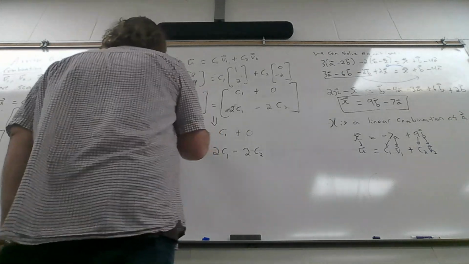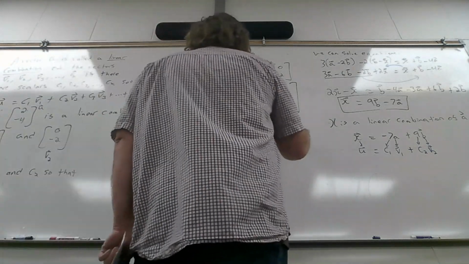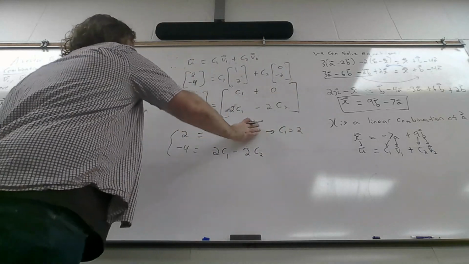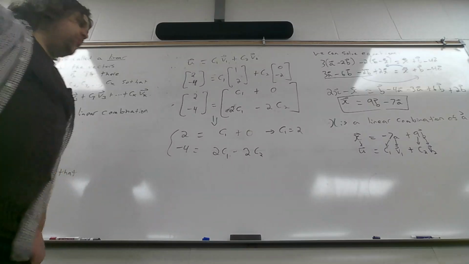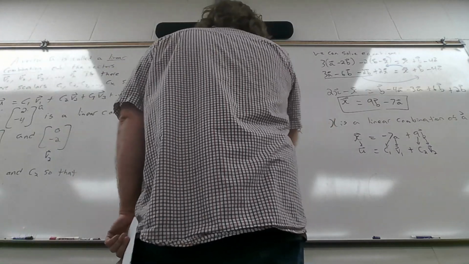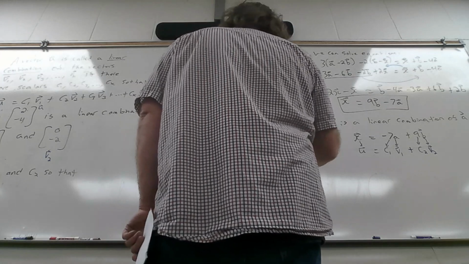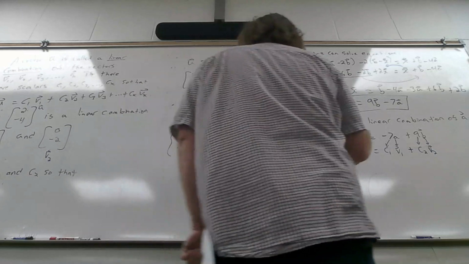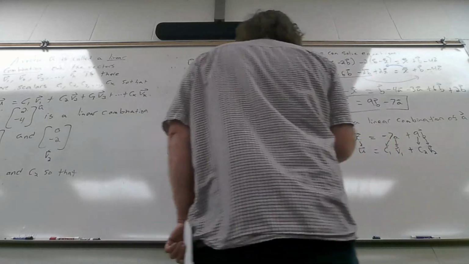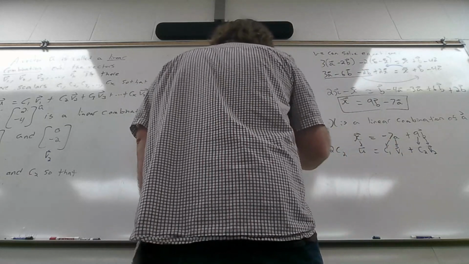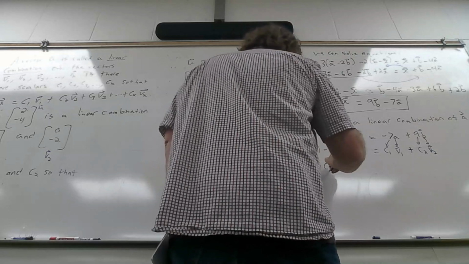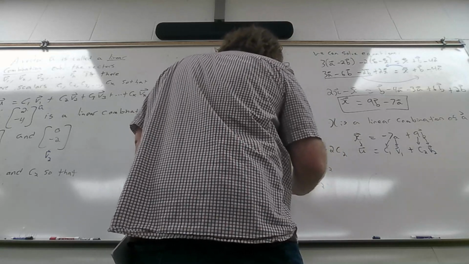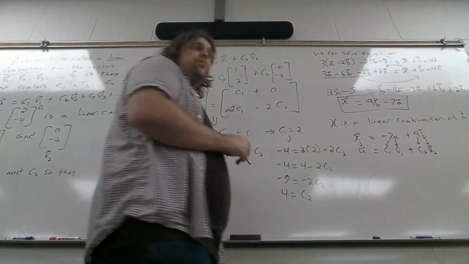So now we just have to use this information to solve. Right off the bat, this first equation tells us that C1 is 2. Right? 0 goes away and it's just 2 equals C1. All right, cool. Then with that information, in the second equation, we know C1 is 2. So 2 times 2 minus 2 times C2. Move this over, minus 8. And so 4 is equal to C2. Like that.